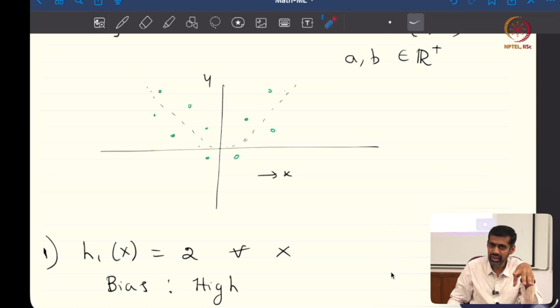I told you that ERM has a one-to-one relationship with ML estimation. Now regularized ERM has a one-to-one relationship with the MAP estimator. They are exactly the same. So whatever bias that we have about the parameters, we impose them as explicit regularizers. You would have already guessed it now, we solve a constrained optimization problem.